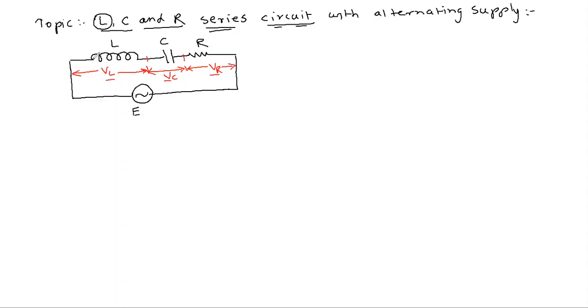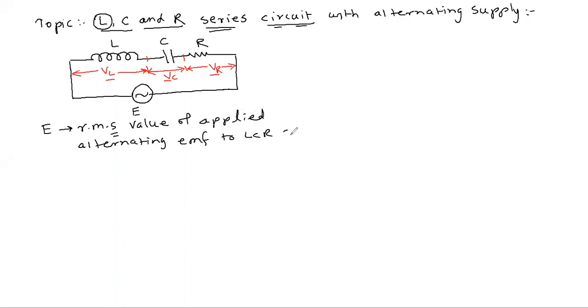So here in this circuit, let E be the RMS value, root mean square value, of the applied alternating EMF to this LCR series circuit.